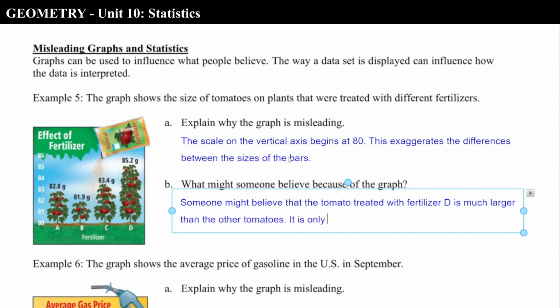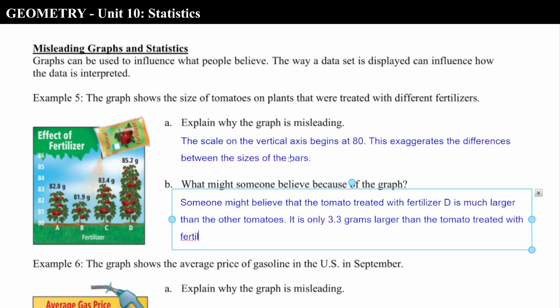It is only 3.3 grams larger than the tomato treated with fertilizer B. Okay? So while in the graph it may look like a big difference, in reality the difference is not as big as you would be led to believe just looking at this graph. And a lot of it is because we start at 80 and go to 86. This is a fairly short range, and it makes the differences look much larger.